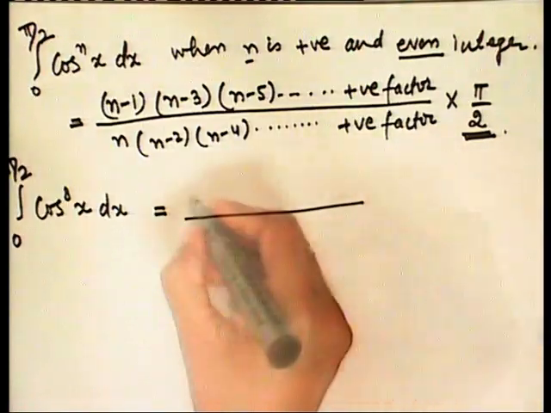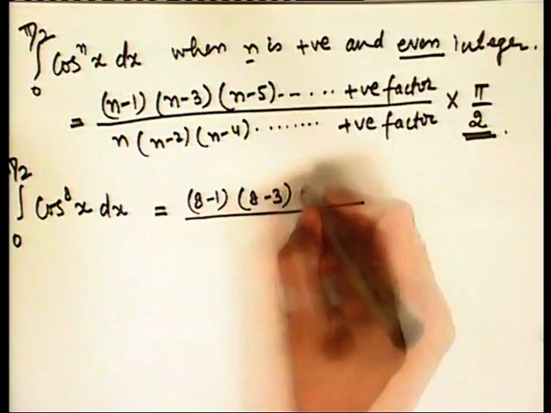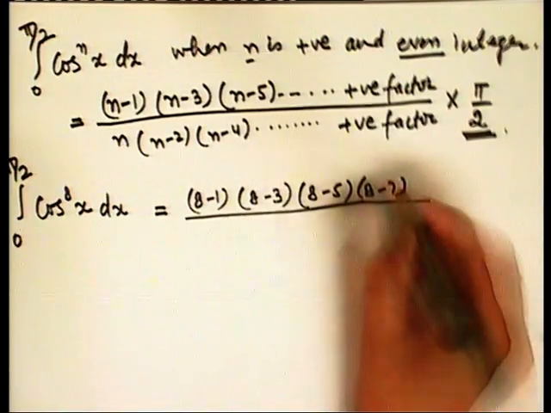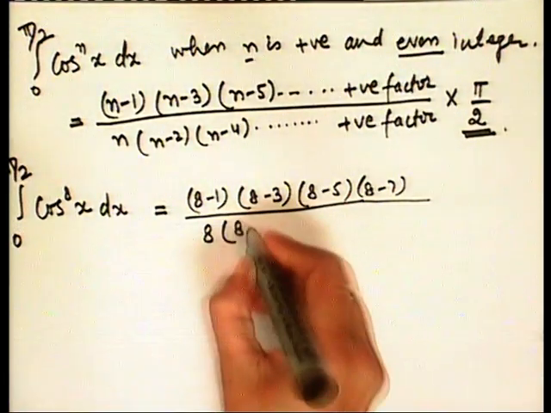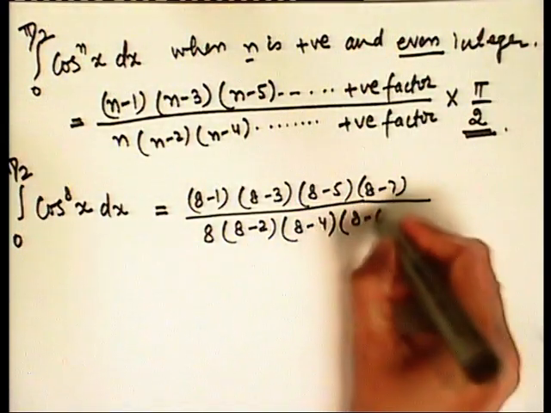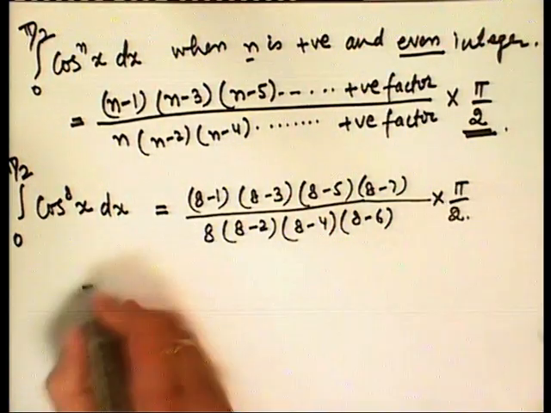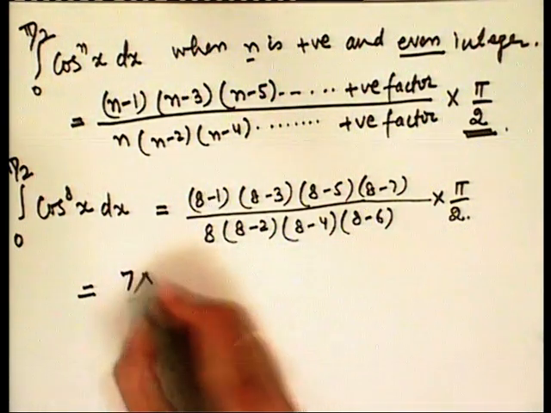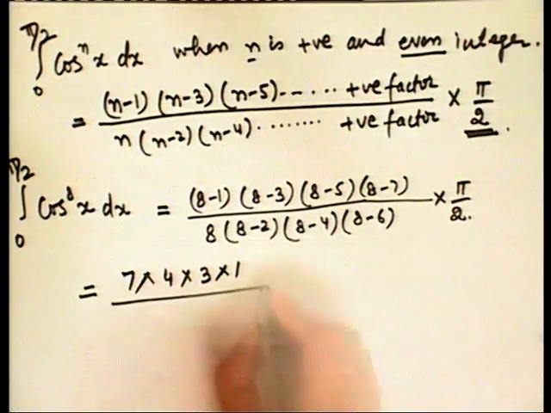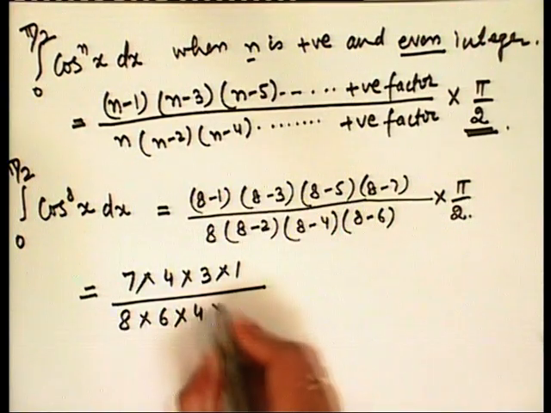But first of all, the formula is 8 minus 1, 8 minus 3, 8 minus 5, 8 minus 7, and in the denominator 8, 8 minus 2, 8 minus 4, 8 minus 6. 8 minus 1 is 7, then 5, 3 and 1, and here 8, 6, 4, 2.